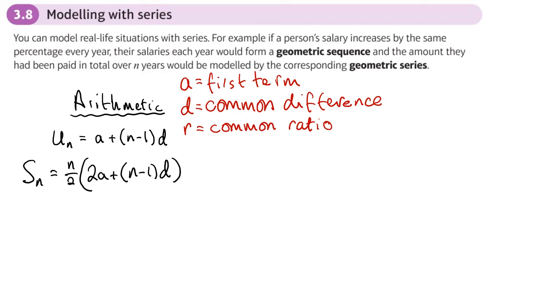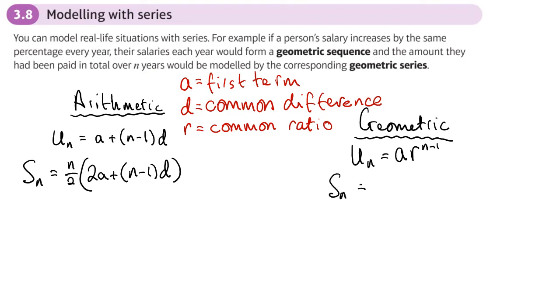Now looking at the geometric, if we want the nth term rule for this one, if we call that un, that will be the first term a times the common ratio to the power n minus 1, and the sum of n terms is going to be a times 1 minus r to the n over 1 minus r, or if you multiply the top and the bottom by -1, you'll get a times r to the power n minus 1 over r minus 1.